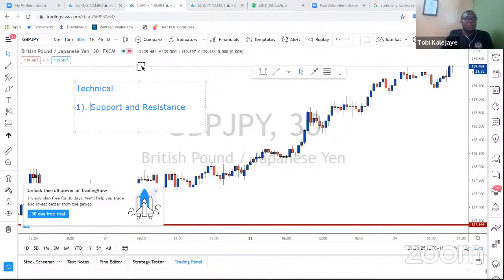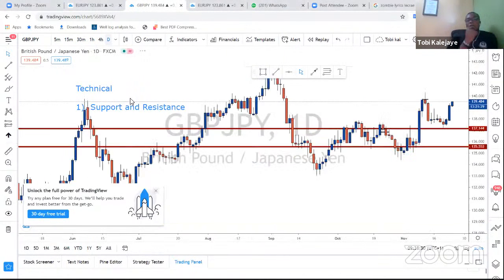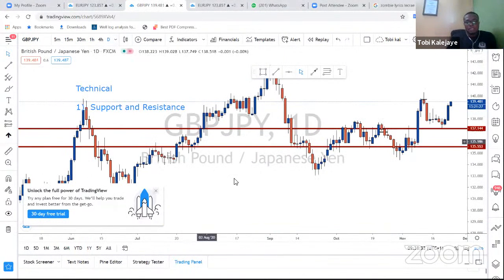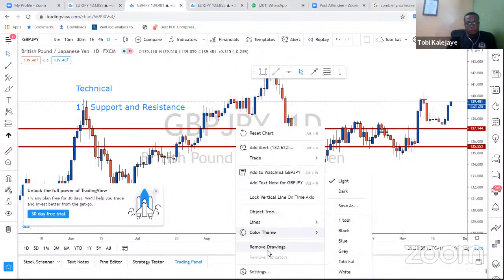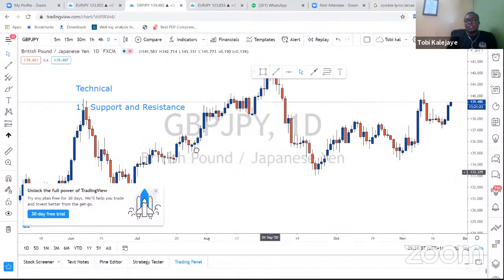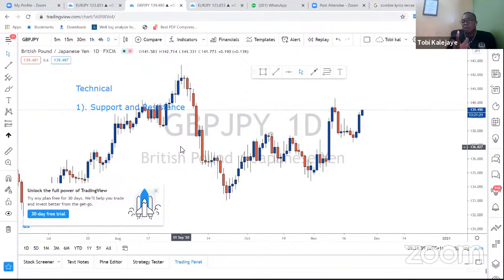So for an example, if you come over to a chart like this, I want you to see your support levels as your floor. Wherever you are right now, the floor that is holding you, the floor on which you're standing, you can see that as a support.